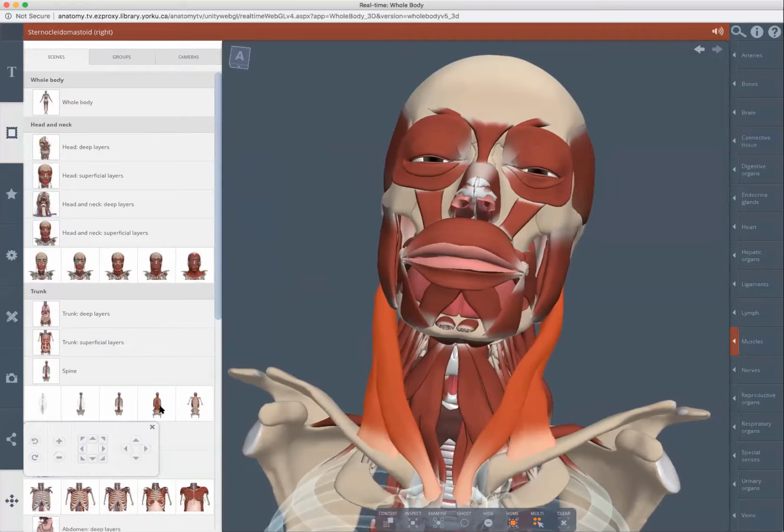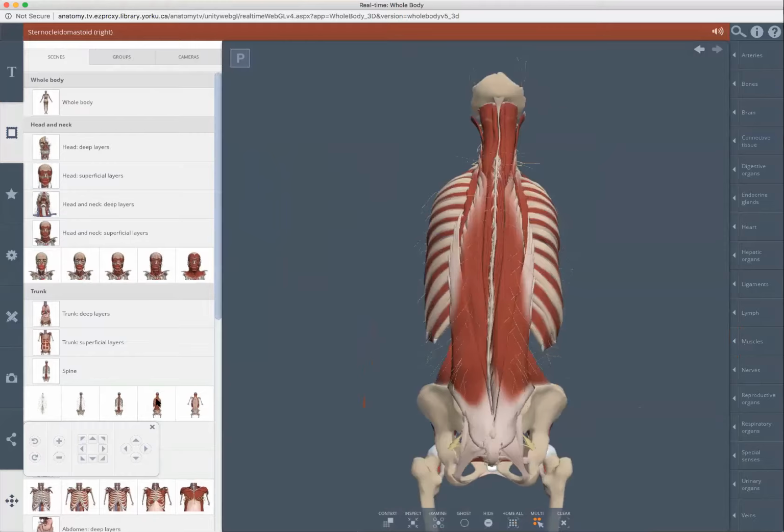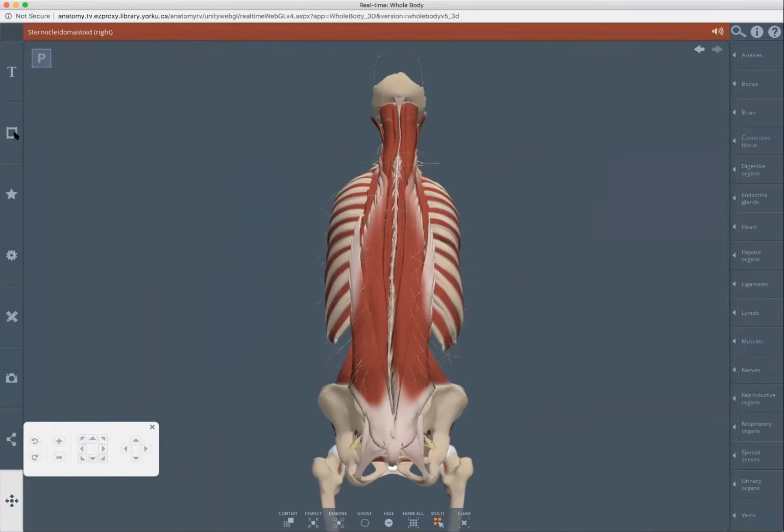We're already leaving this view, and we're going to go into our main postural muscles, which are the erector spinae muscles. The erector spinae muscles are composed of 3 groups of muscles, and you have the same thing on each side.